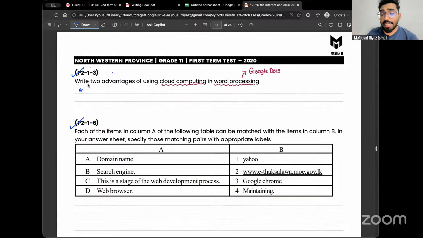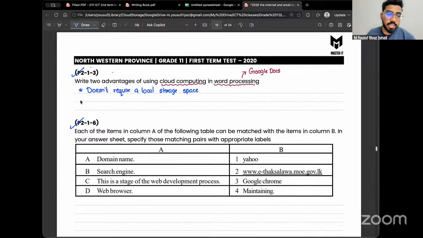No. So you can say it doesn't require a local storage space, or doesn't require storage space on our computer. You can mention that as an answer.